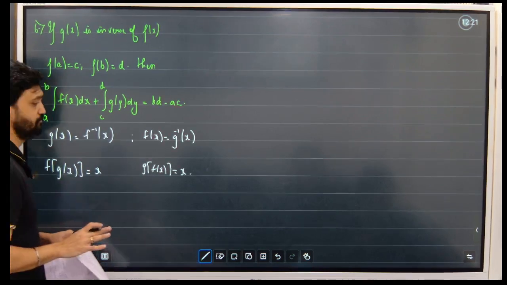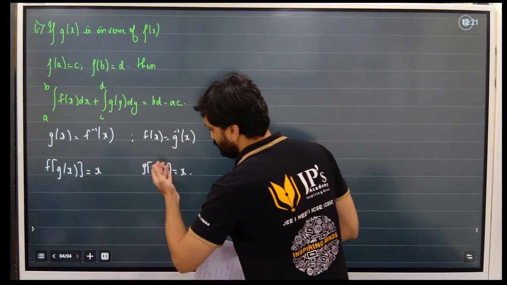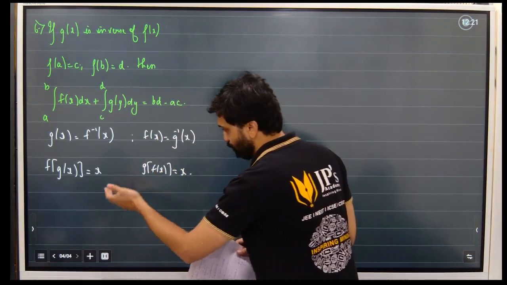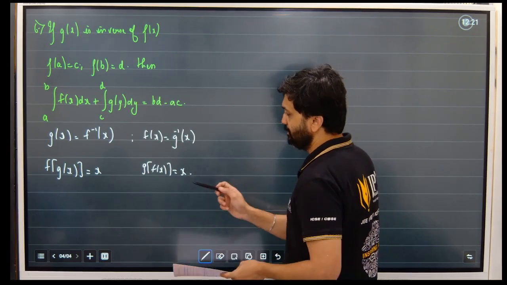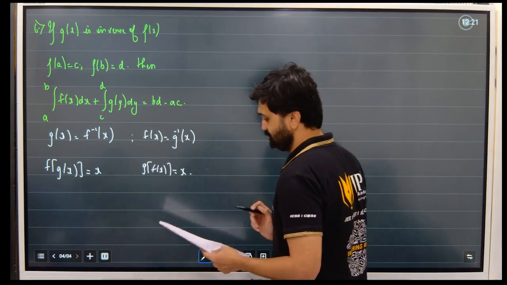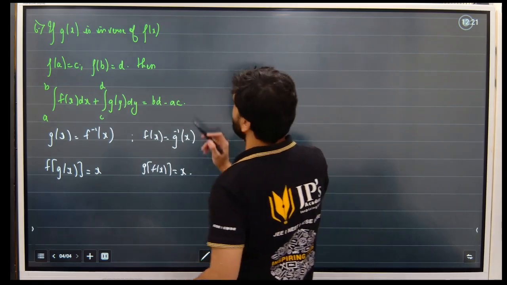It means that they are inverse of each other, because f of g of x is equal to g of f of x is equal to x. Basically, they are inverse of each other. Okay. Now I'll take f of g of x is equal to x, g of f of x is equal to x.